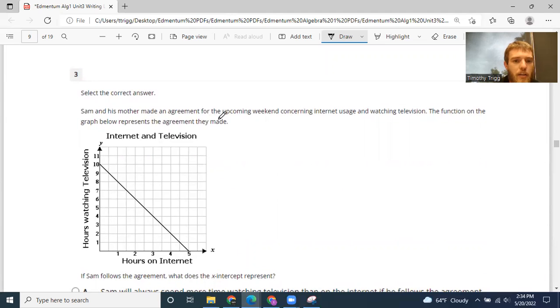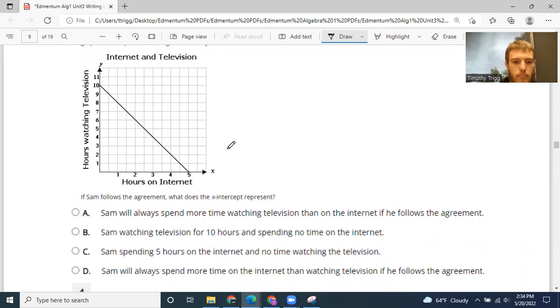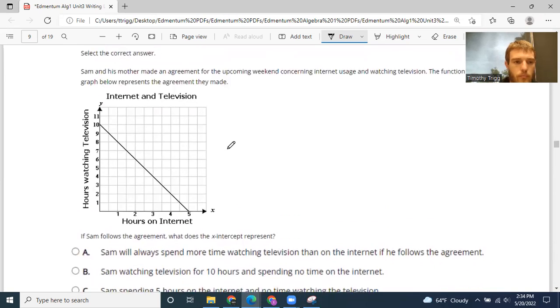Sam and his mother made an agreement for the upcoming weekend concerning internet usage and watching television. The function on the graph below represents this agreement they made. Okay. So let's take a look. Hours of watching television, 10. Hours of internet, 5.